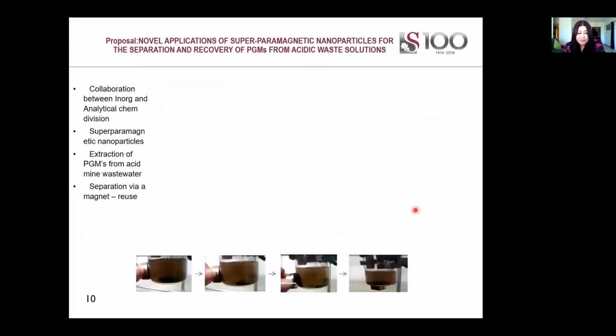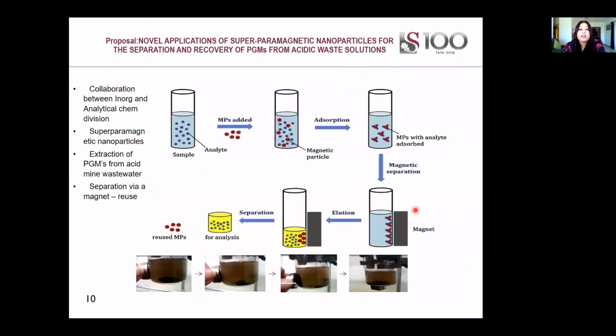So I've mentioned Professor Klaus Koch, lovely man, and PGM extraction is his area of expertise, and we collaborated with the idea that we want to make these magnetic nanoparticles.